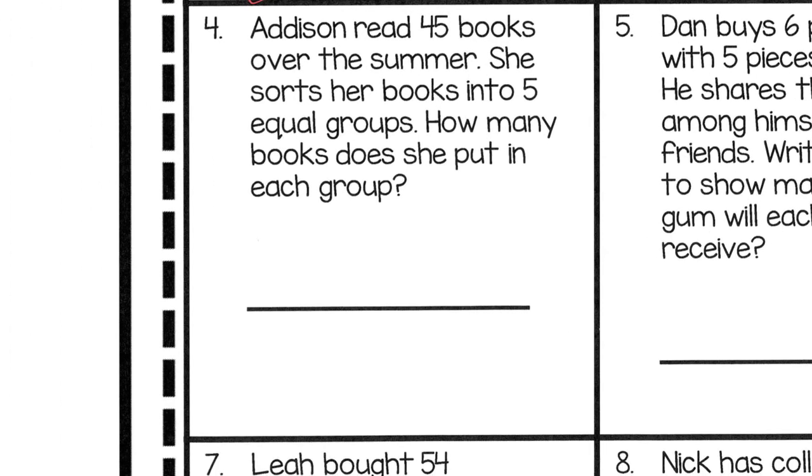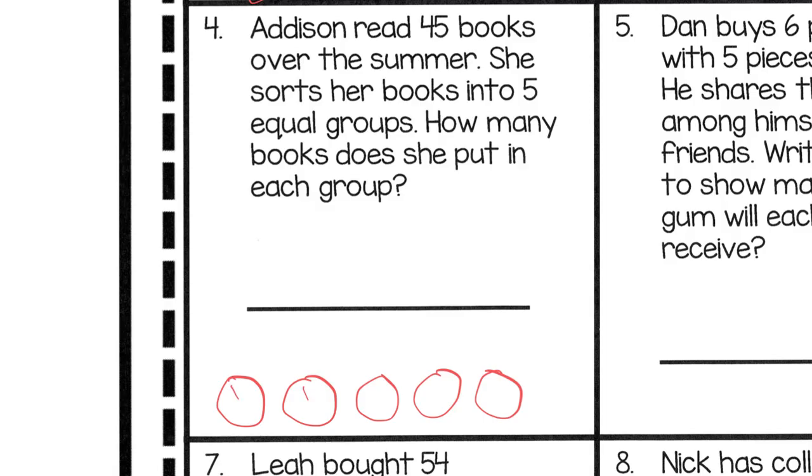On number 4, it says Addison read 45 books over the summer. Wow, that's a lot of books. She sorts her books into 5 equal groups. How many books does she put in each group? Do not spend all of your time doing this manually and making 5 groups and then giving each group 1 book.